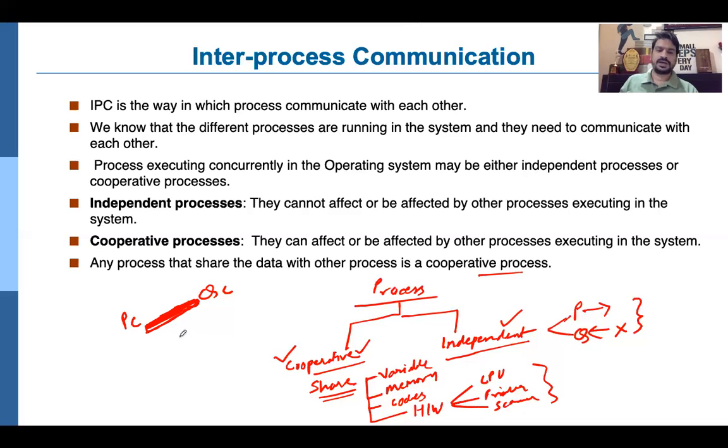Let's say you are sharing a hostel room. Let's say there are two students who are sharing the hostel room, right? And you know that there is only one door available, right? So one door is used for going in and coming out, right? That particular door has a lock, right? So the lock has a key, right?